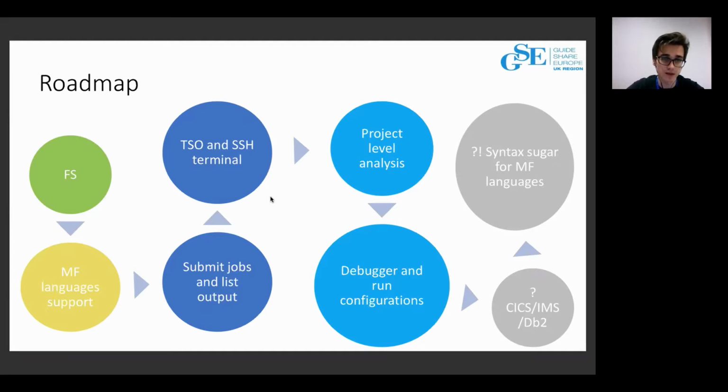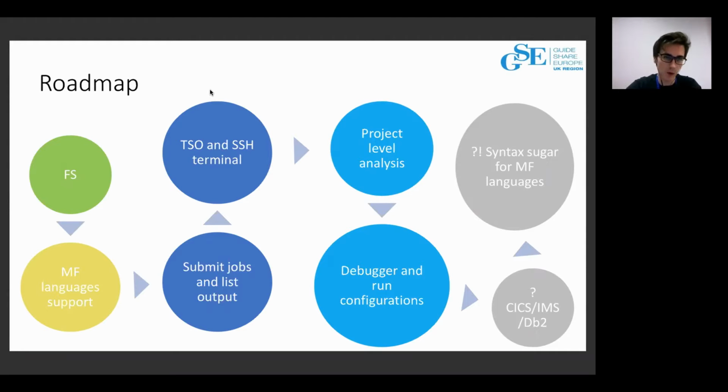Autocomplete is very important because, as we mentioned before, nowadays developers are quite lazy and they want IDEA to do most of the coding for them. Error detection, some warnings, some analysis, and so on. I think this is all regarding mainframe languages support.